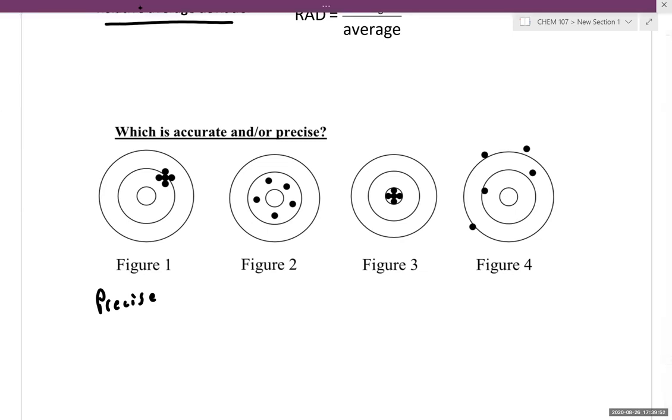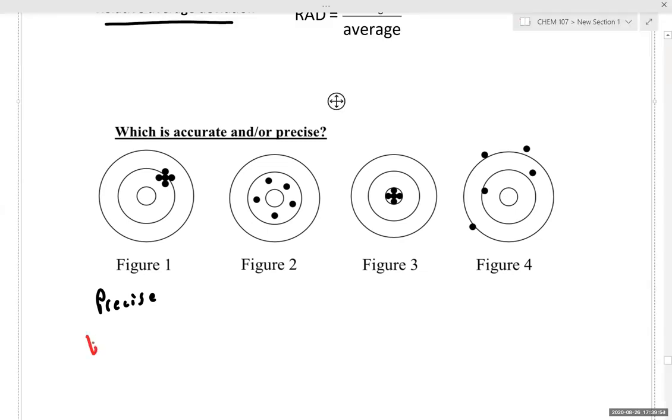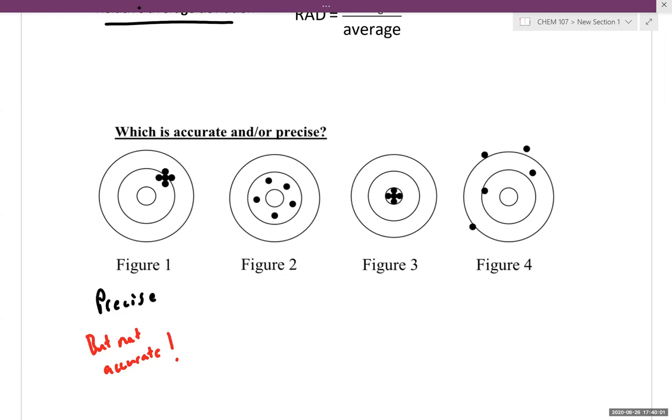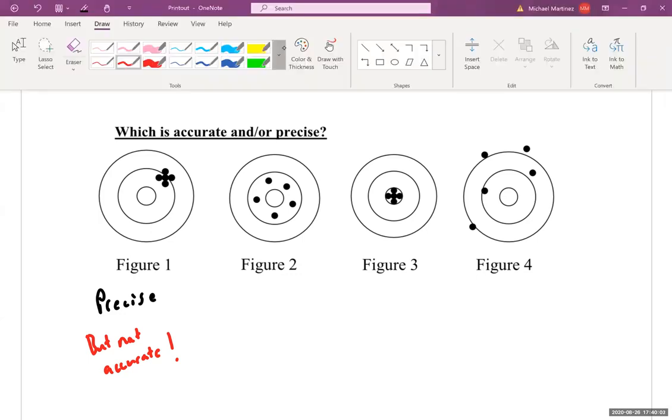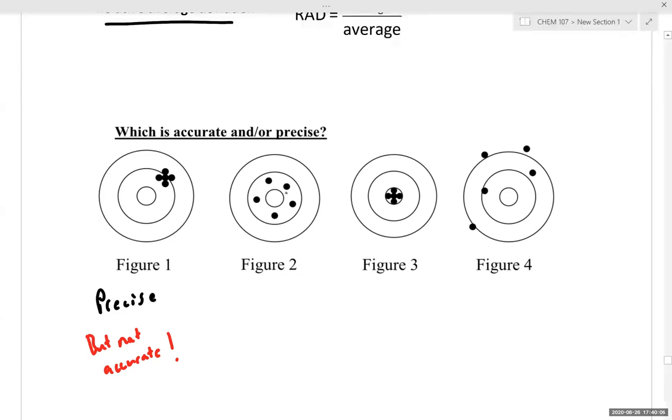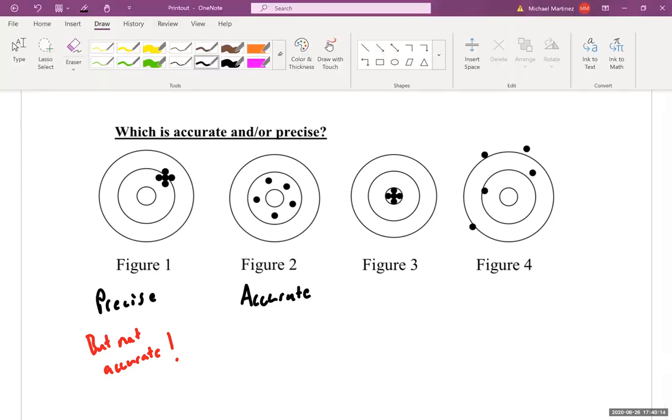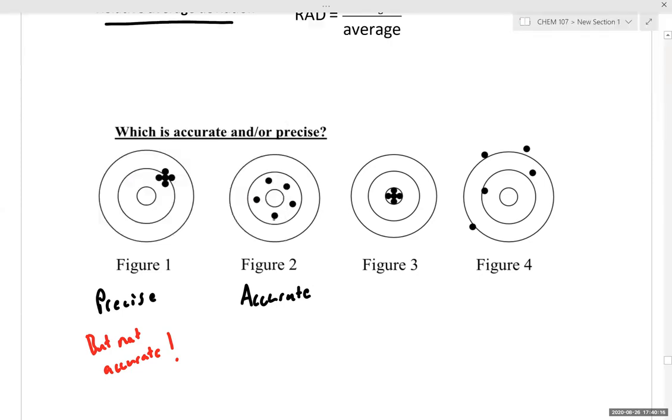However, we're not very accurate. In figure 2, all of our data points are pretty close to the center. So we're relatively accurate. However, our data points are pretty spread apart, so we are not precise.